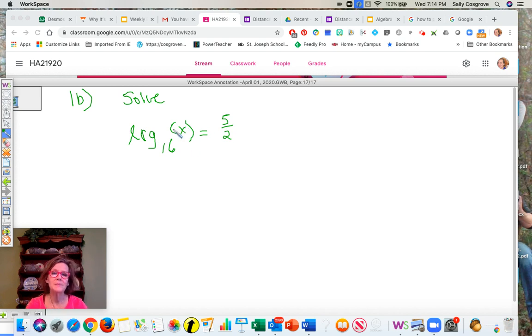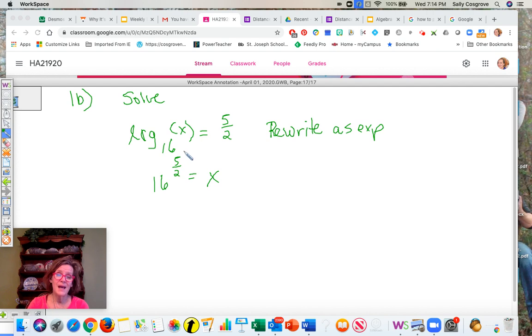That's what it's asking. I can rewrite this based on the definition. So we're going to exponentiate, or rewrite as an exponent. When I do that, I have base 16, and then the log value in log form becomes the exponent in exponent form. And the argument becomes the value of what the base raised to the exponent is. So 16 to the 5/2 power equals x.